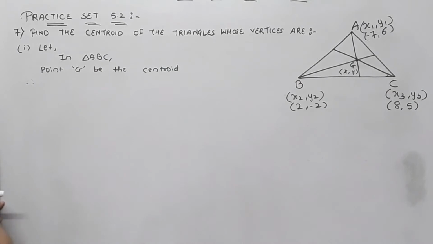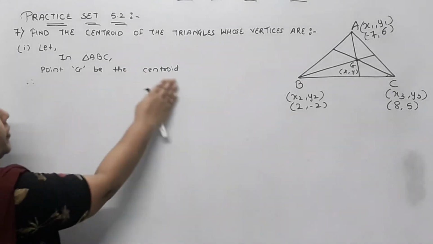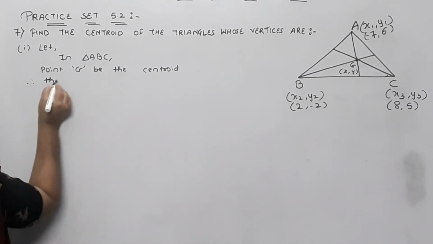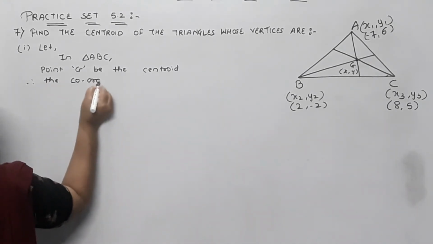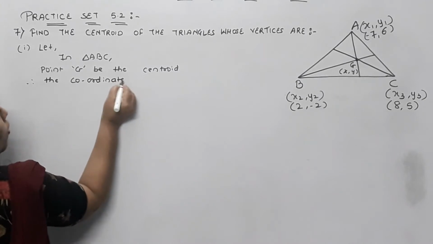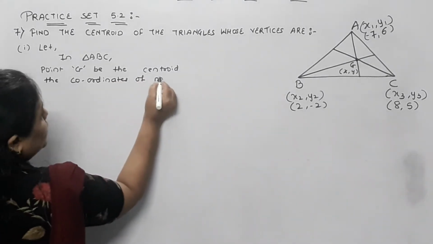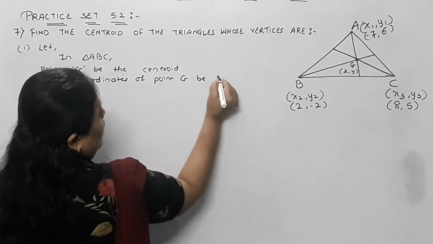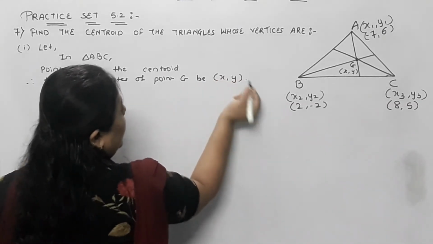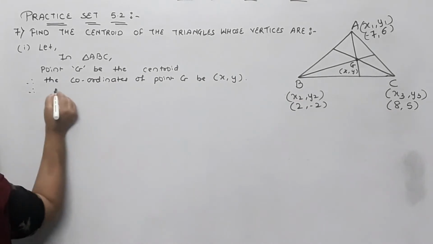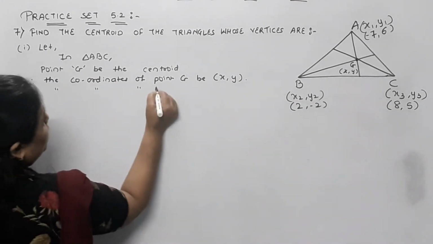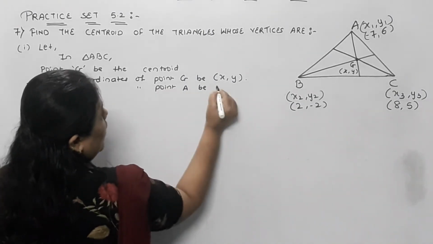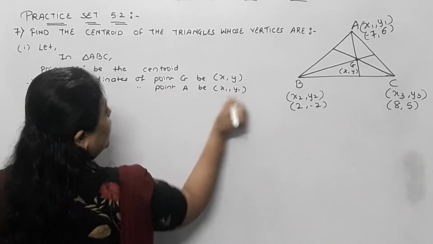Let in triangle ABC point G be the centroid. Therefore, the coordinates of point G be X and Y. Therefore, the coordinates of point A be x1, y1.